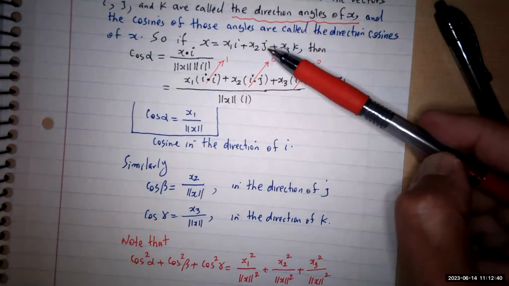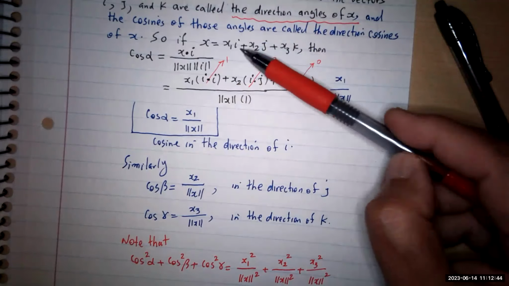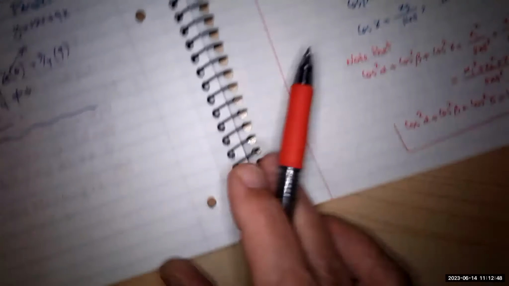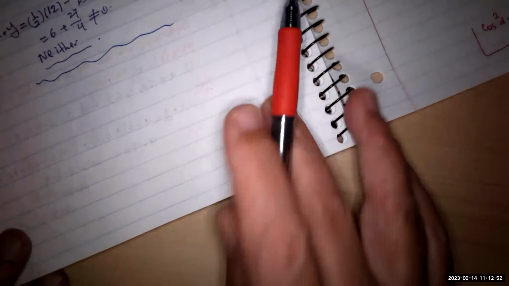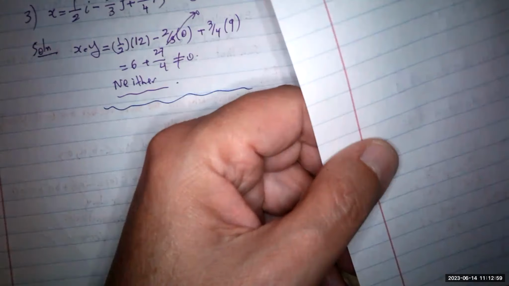I just multiply them together, because you can remember this. Let me explain it here. Remember the dot product. So this is the way I used it.